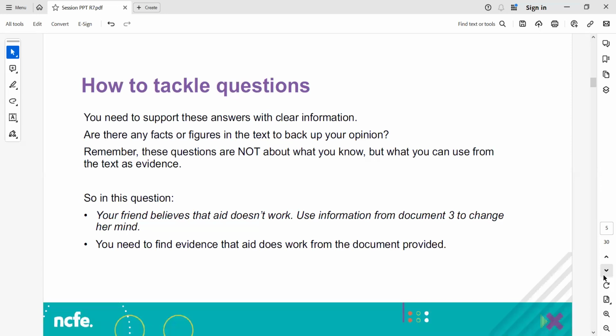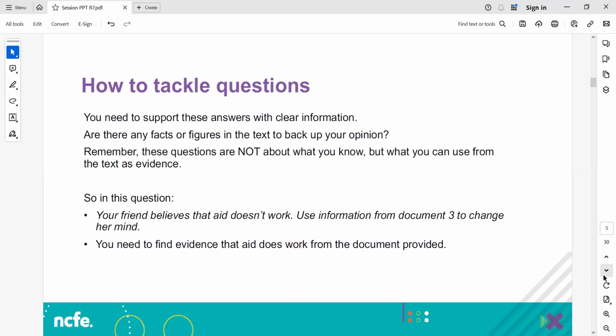And it's really important to remember that the questions are not about what you already know prior to the assessment, but it's about using the information in the text as your evidence.